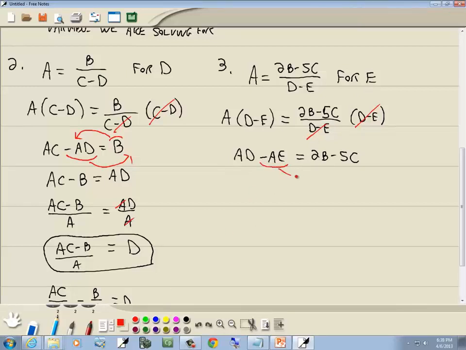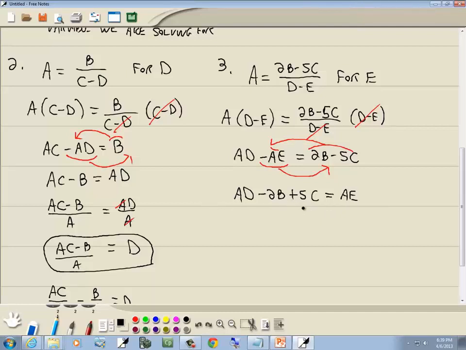So I'm going to take the negative ae to the right side, and I'll take the 2b minus 5c over to the left side. Remember, you take anything across your equals, your sign changes. So the 2b becomes a negative 2b, the negative 5c becomes a positive 5c, and the negative ae becomes a positive ae. It actually doesn't matter which side you take things to. I did it that way so that the negative ae would become positive.